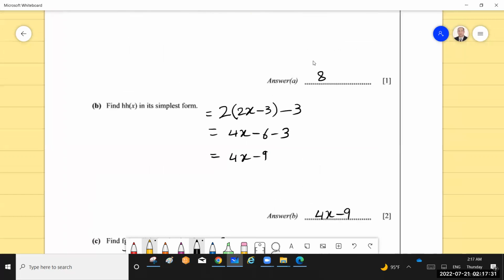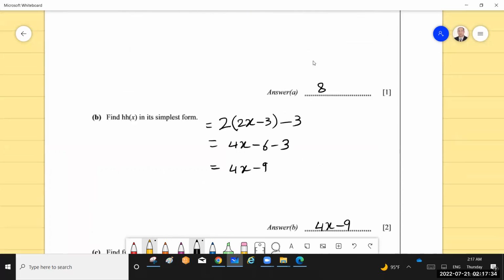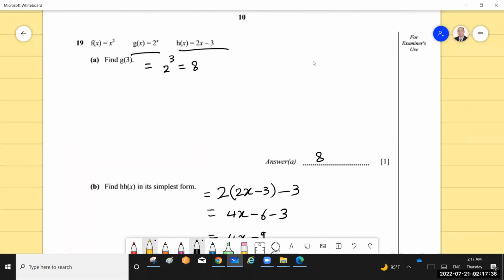So f of g, let me solve it here. f of g of x: the function f here is 2 power x. Don't write this x, write the other function g instead of this x. Now you just write 2 power x, and you have squared.